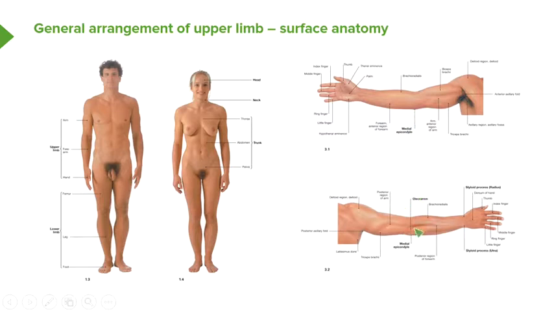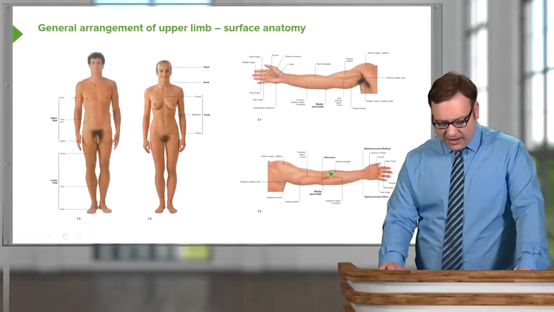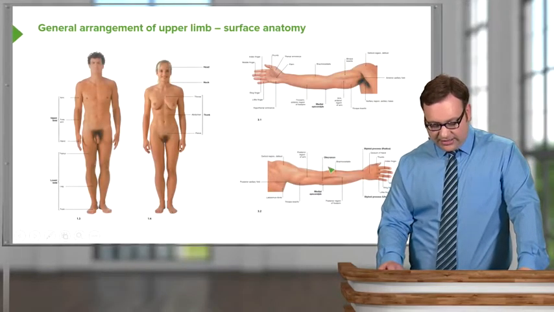We can see the olecranon, this bony prominence on the posterior surface of the elbow. Once again, if we move into the forearm, we can see this posterior aspect, and on the lateral aspect, running along the same side as the thumb, we have brachioradialis.